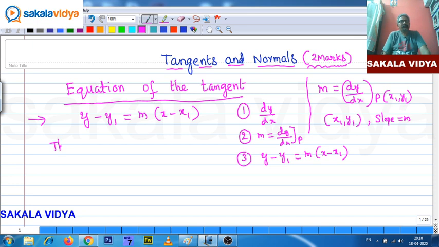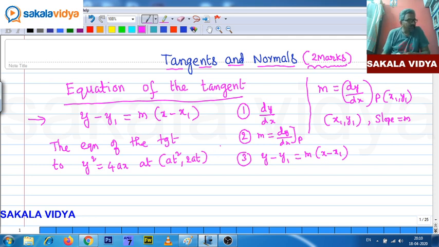The equation of the tangent to y square is equal to 4ax at (at square, 2at). You need to find this. Let us see how to find it.